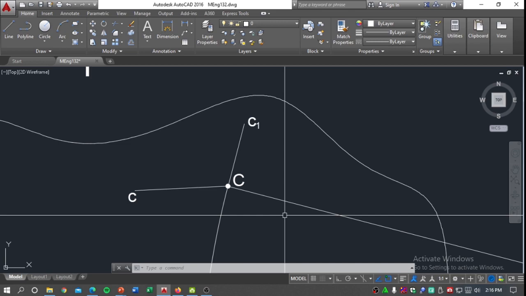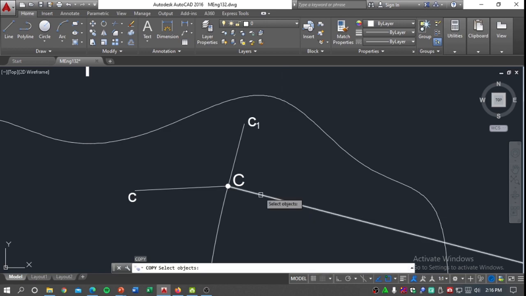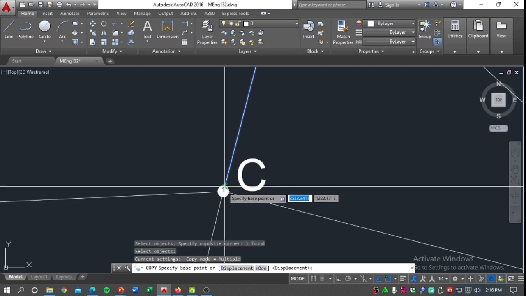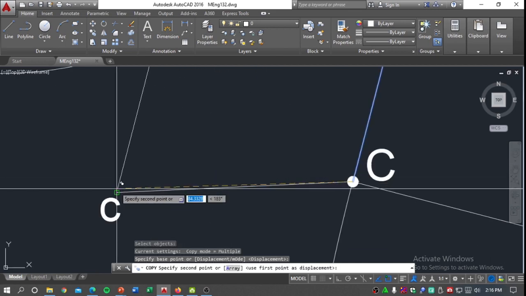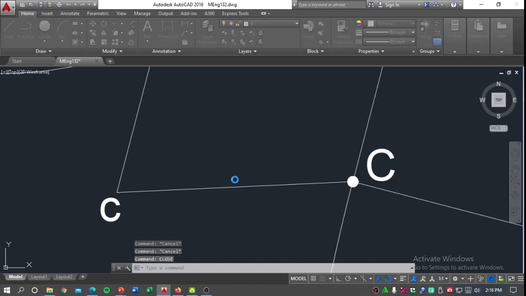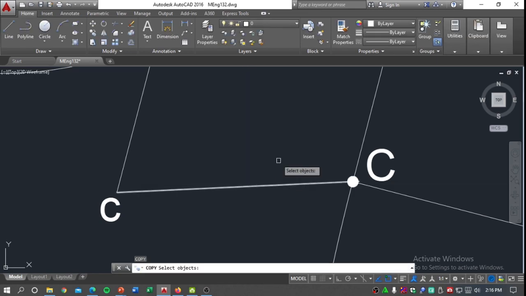How are we going to do this? So we just simply obtain the resultant by drawing a parallelogram. So we can draw a parallelogram out of these two components. So okay, we just have to copy this line here and also this line.